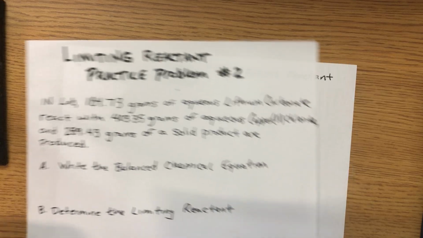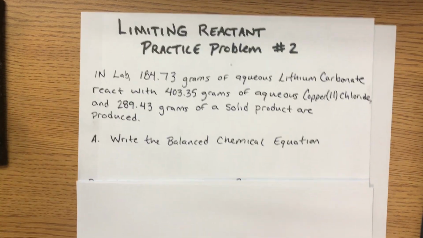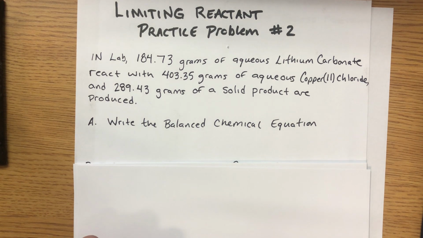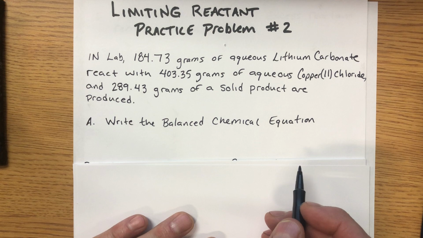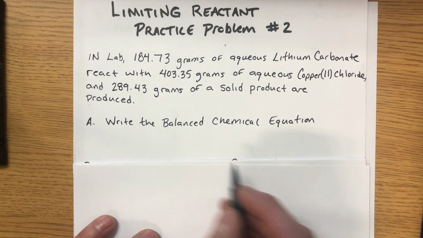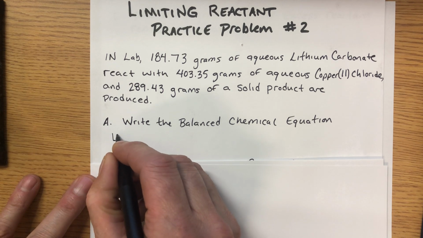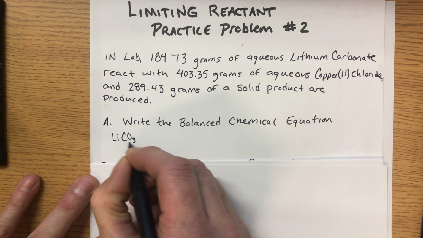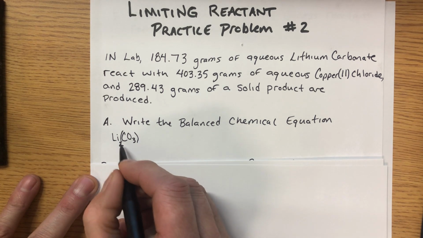Okay, so let's start right here with A. So write the balanced chemical equation. We're not writing the ionic equation here, we're going to write it out as we normally do. So here we have aqueous lithium carbonate. So that's Li2CO3, with the little 2 subscript on the lithium.